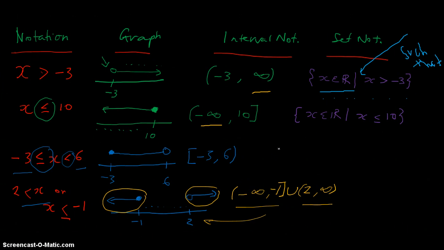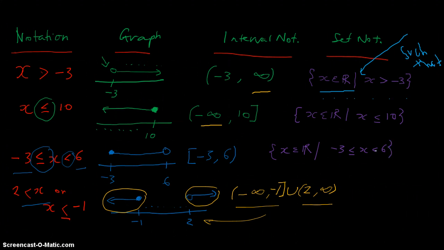Now, if you look at the next bit, it follows the same pattern again. Curly brackets, x is an element of all real numbers, so that means x is only in the set of real numbers such that x is in between minus 3 and 6, but not including 6. Close brackets.